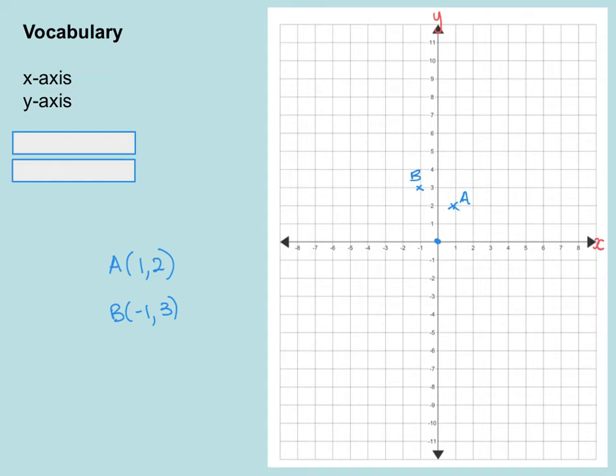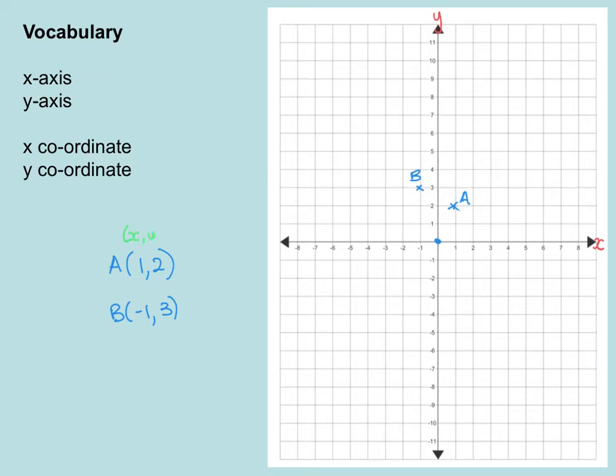Now, two more words that you might hear us use in class are x coordinate and y coordinate. When we have these coordinates, we call them x, y coordinates. The first number is our x.